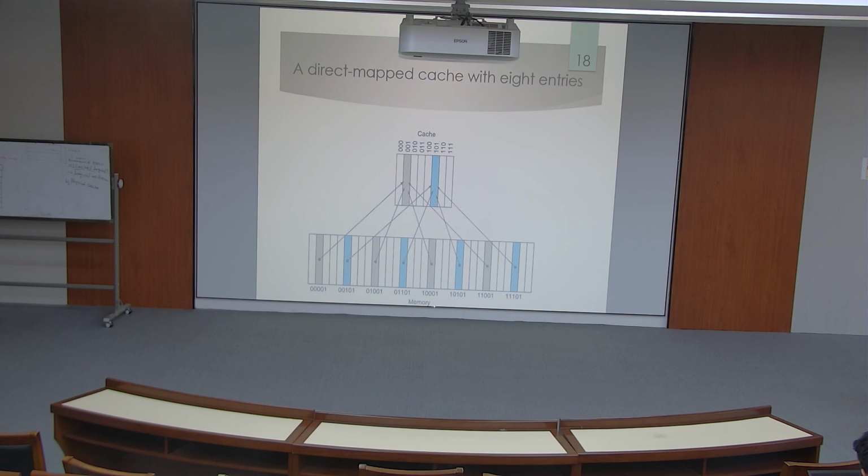Modulo is the remainder of the division. You divide 4 by 8, then what is the remainder? 4. So block number 4 from the main memory will be loaded into cache line 4.